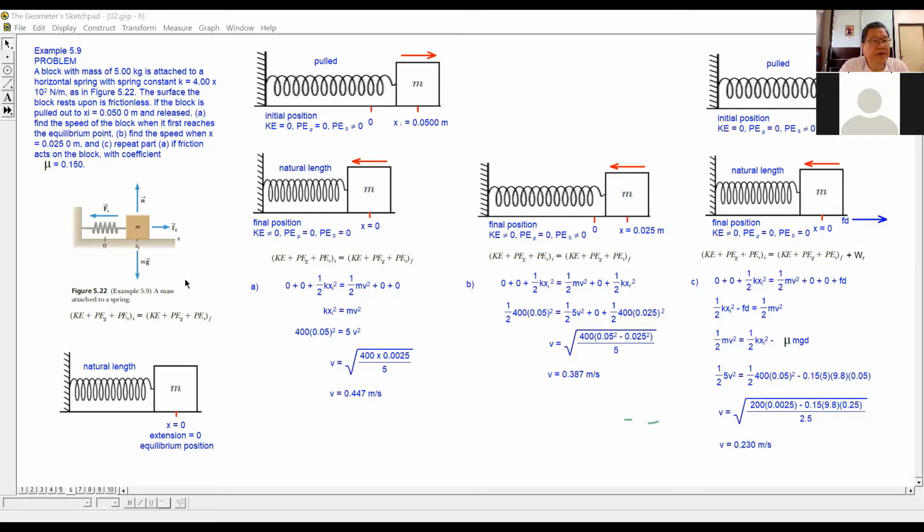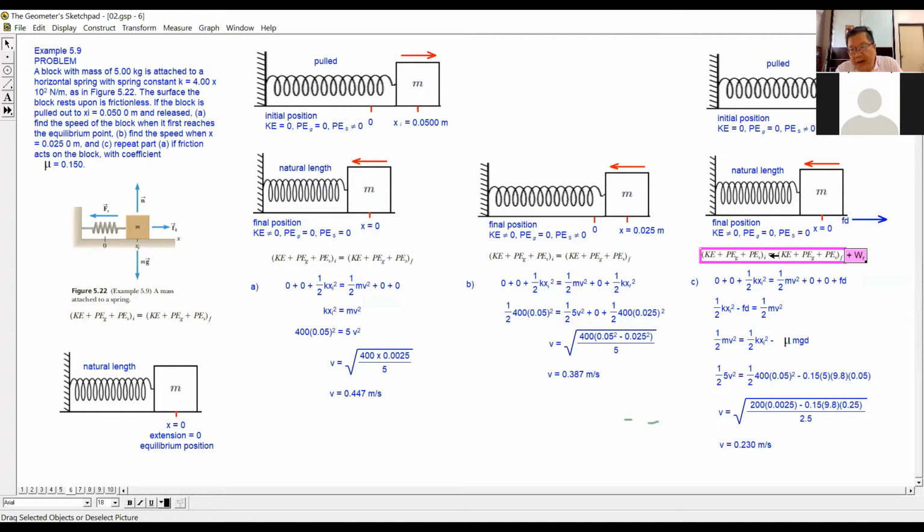work energy theorem and conservation of energy, right? So this time, our energy equation involves three things: kinetic energy, gravitational potential energy, spring potential energy. So there are three factors there. Now, when the floor is not smooth, when it has friction, you have to add a further work done against friction.